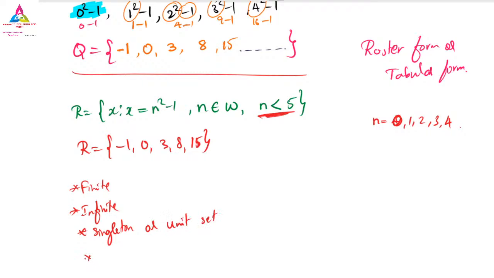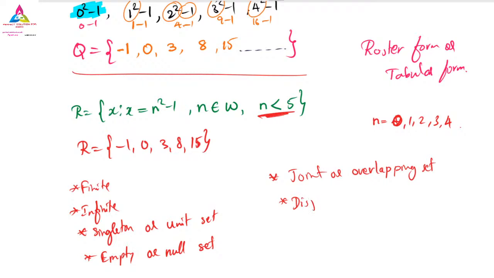Next we have the empty set, or null set, also called phi. That is also very important. The next one is joint or overlapping set. So these are the types of sets. In your textbook they have not given all these things, but these are the types of sets we have.